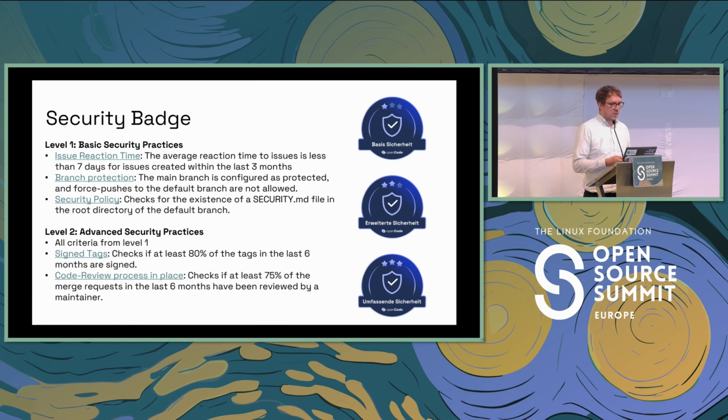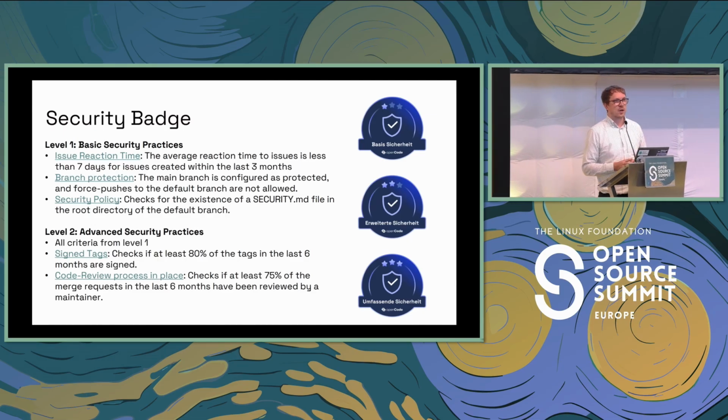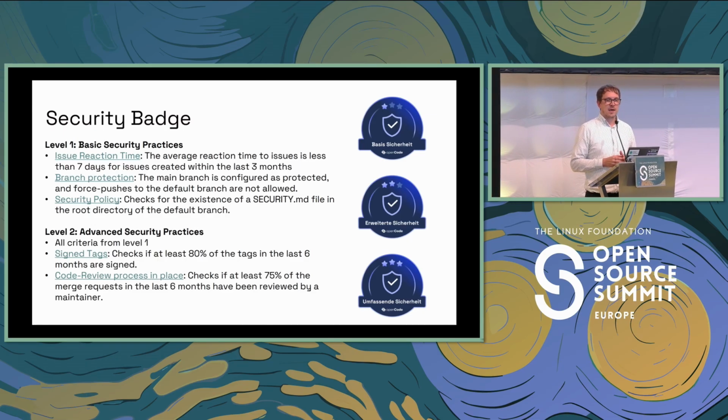We talk specifically about branch protection, but also whether there is a security policy in place, which is within the OpenCode repository. And in the second level of security practices, it's around signing tags and how code review processes are in place. These, again, are criteria helping developers, saying if you use these procedures, this will help increase the quality and the integrity of your technology.